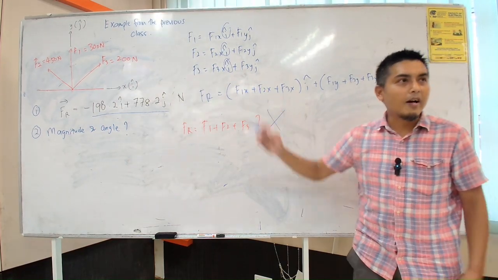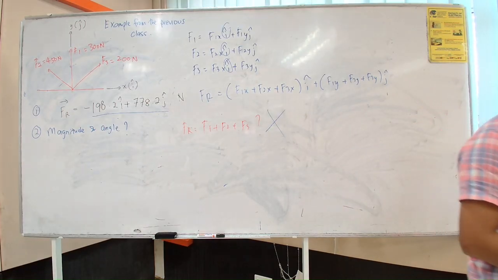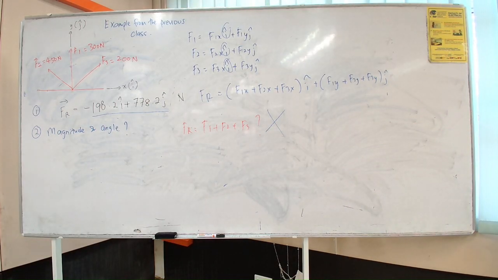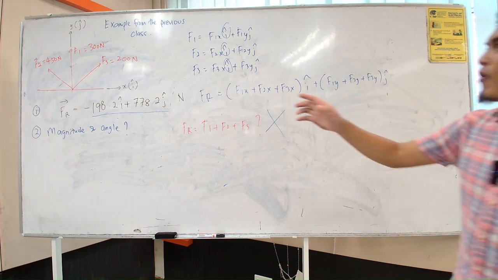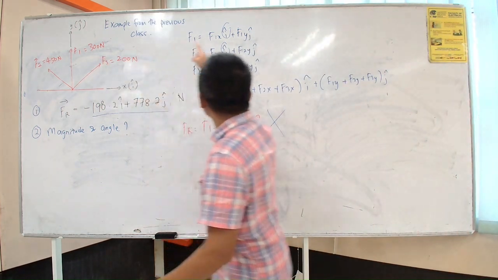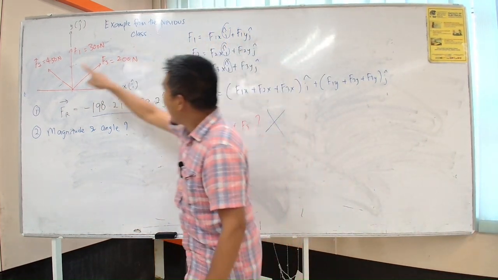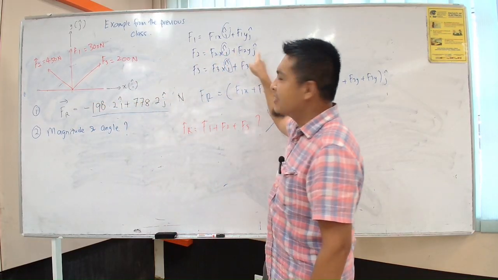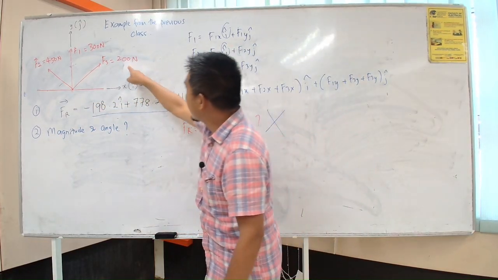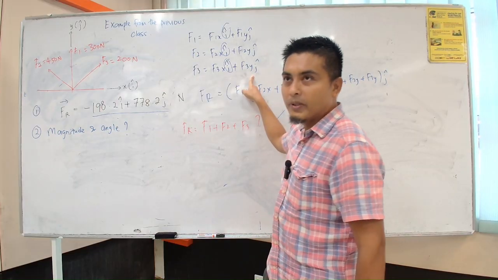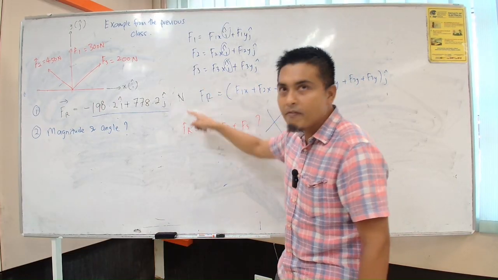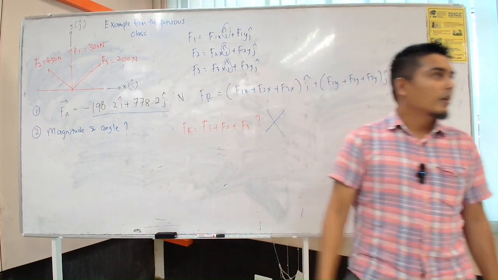Then you can get the Fr. So that's why you need to separate F1, F2, F3 in I and J components. Then you can find the Fr. Is it clear?